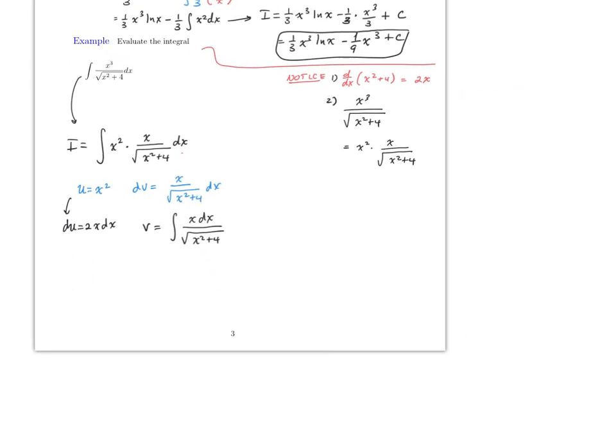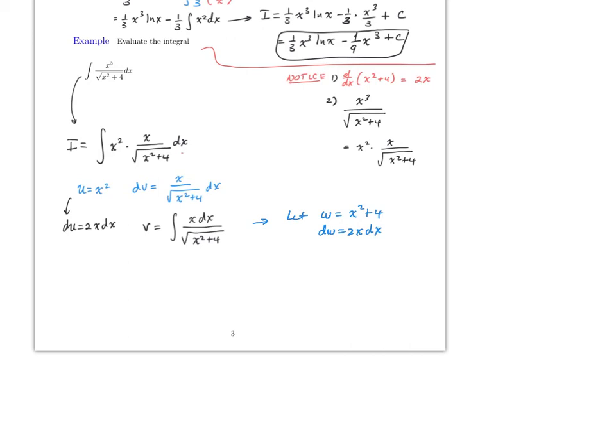Now, this is what's going to take us back to the very first part where we do the u substitution. So for this one, instead of u, so we don't get confused, let w equal x squared plus 4. So dw will be 2x dx.